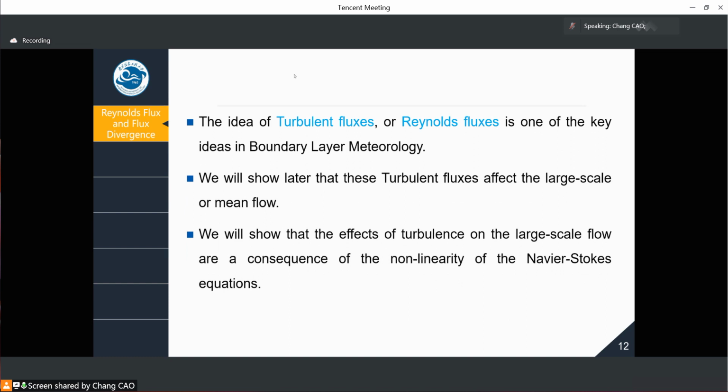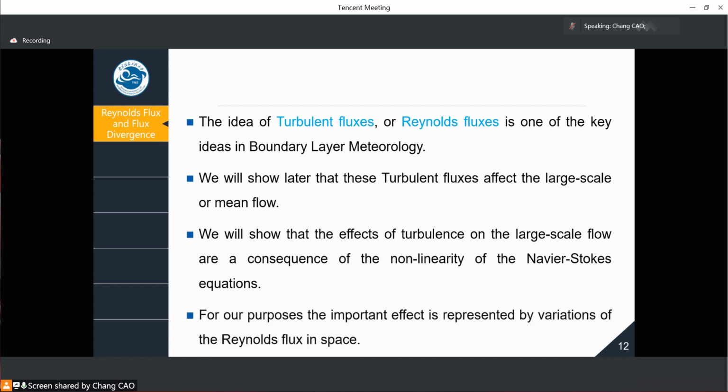So this part is part 3. When we use Reynolds decomposition or Reynolds averaging to derive the RANS, we will find that actually the effects of turbulence on the large scale flow is a consequence of the non-linearity of Navier-Stokes equations. Okay, this will be proved in the third part of this chapter. So here, just to let you know that.